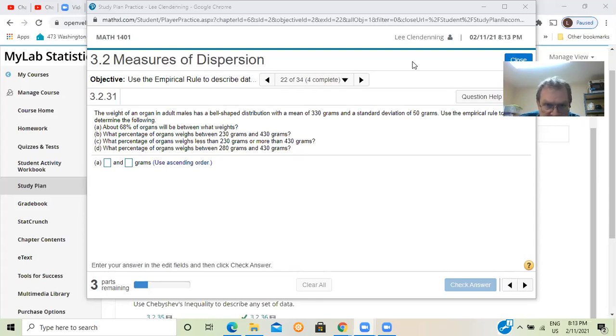C, less than 230 or greater than 430. And D, percent between 280 and 430. Okay, I think I've got it all written down here.